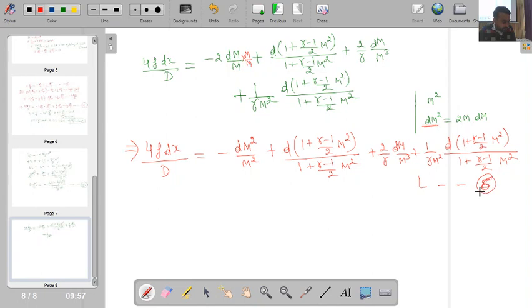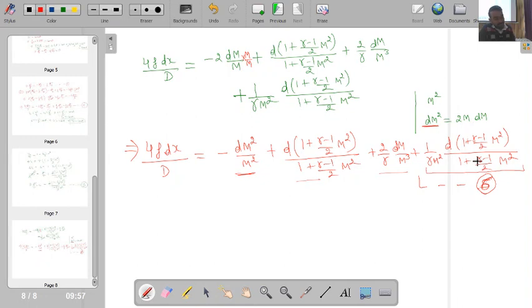The reason why I am doing so is that if you see now, the first term of this equation can be integrated, the second term can be integrated, the third can be integrated, but the last term is still not in the direct form which we can integrate. So we will now try to find a more simplified form for the last term of this equation.